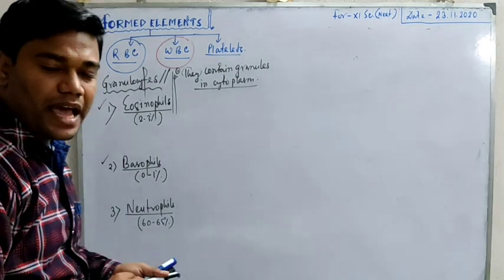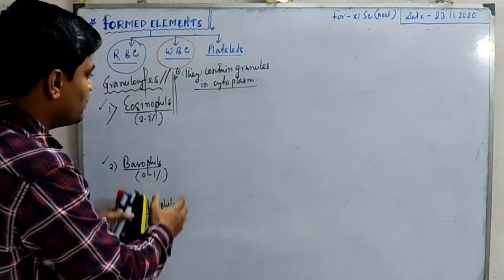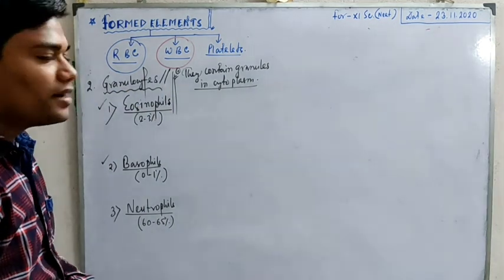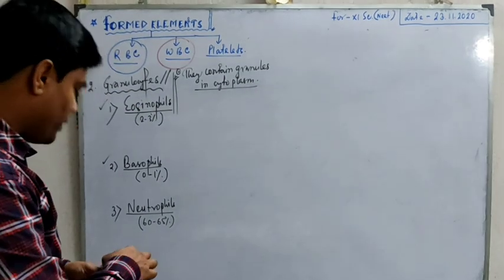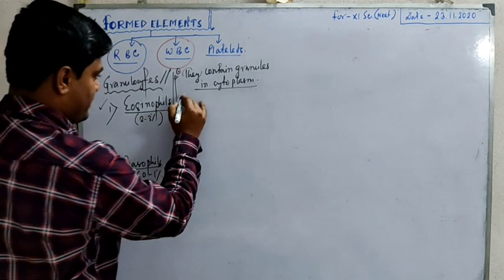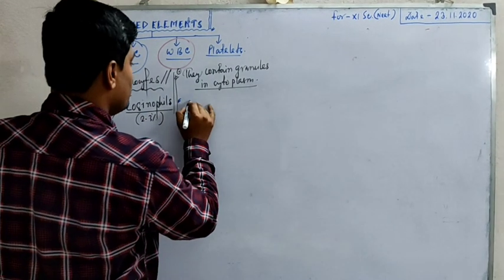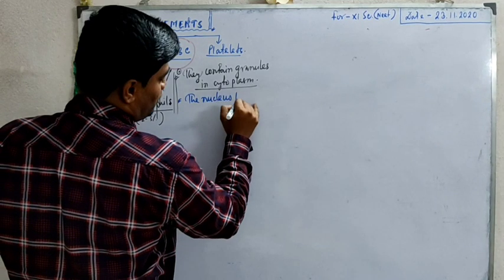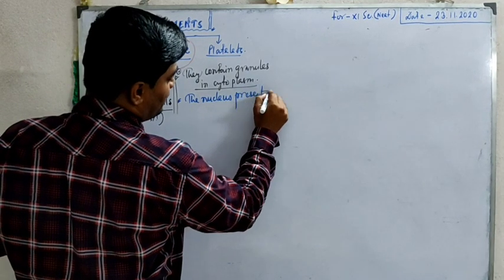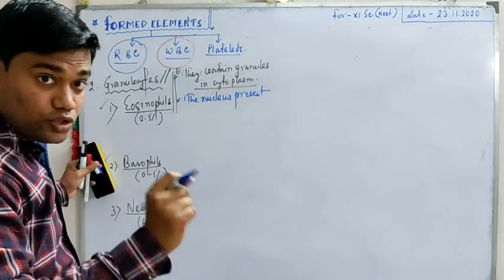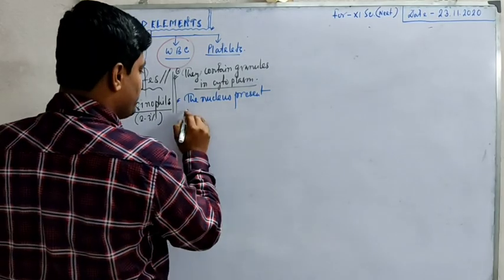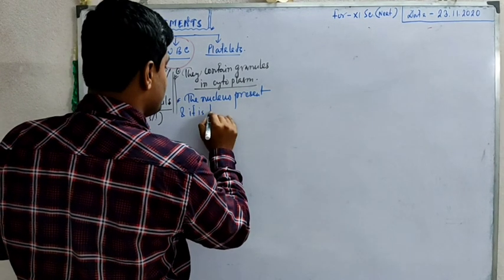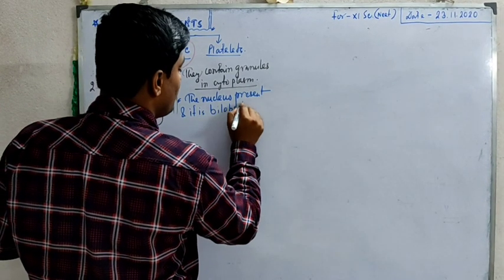The first and very important character of granulocyte is that they contain granules in cytoplasm, a very common character. The nucleus is present, but important to note that it is bilobed.